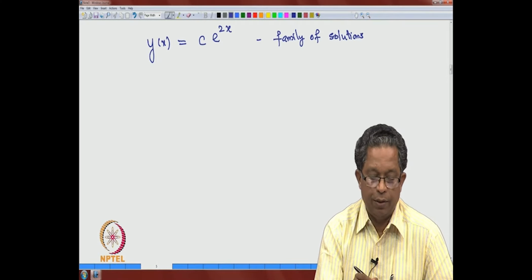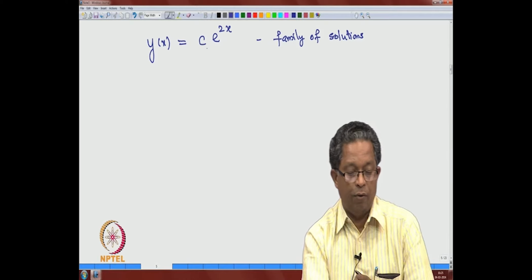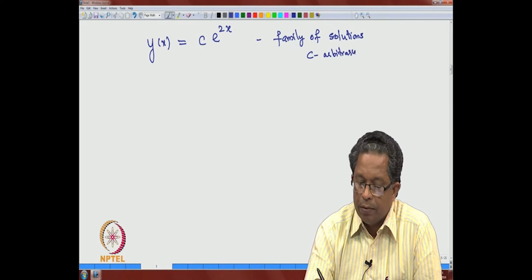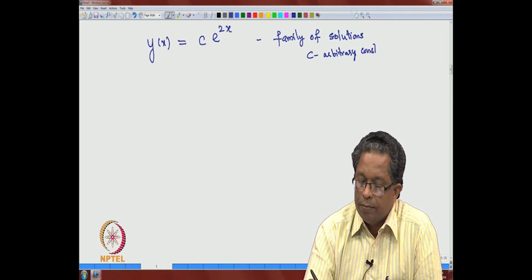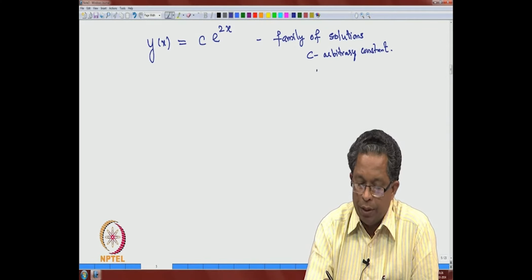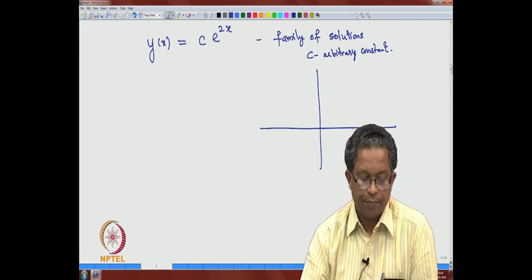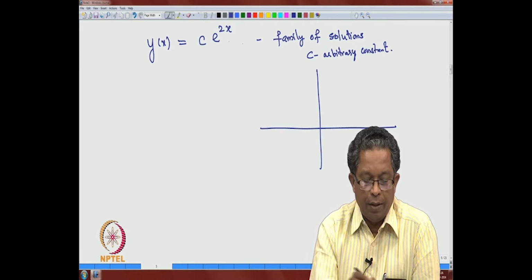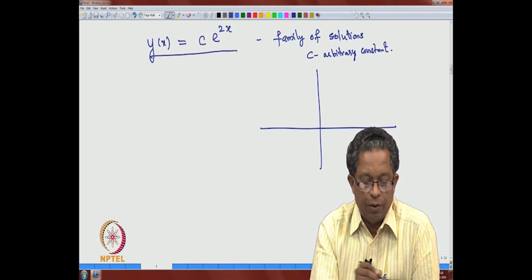One parameter c, for every value of c this is a solution. So, c is an arbitrary constant. The given linear differential equation has infinitely many solutions, and for every c the expression y is equal to c into e to the power 2x is a solution.